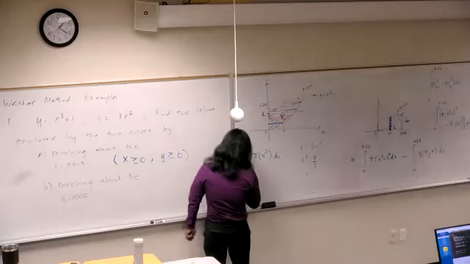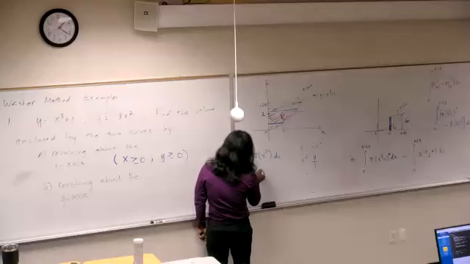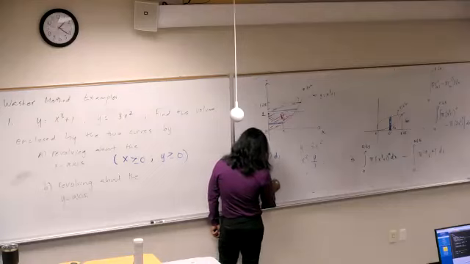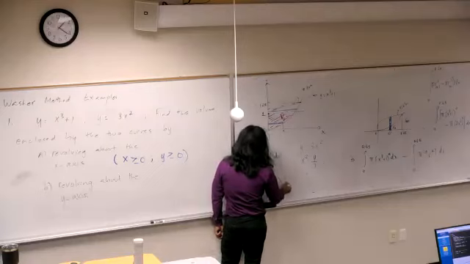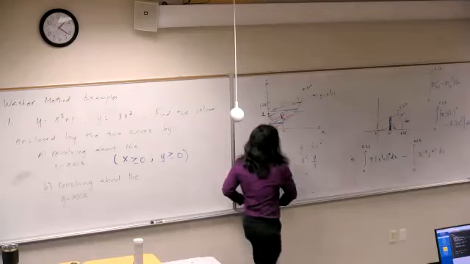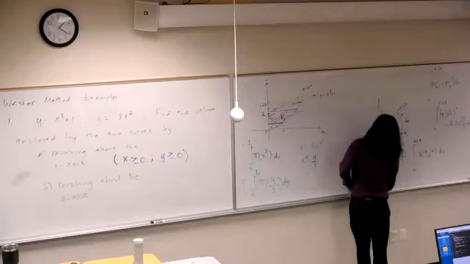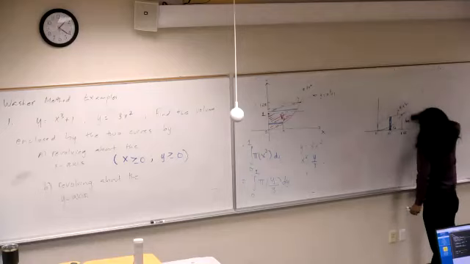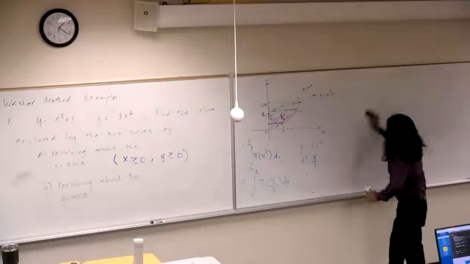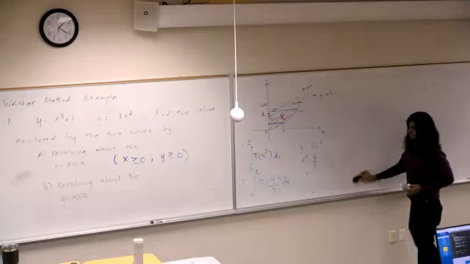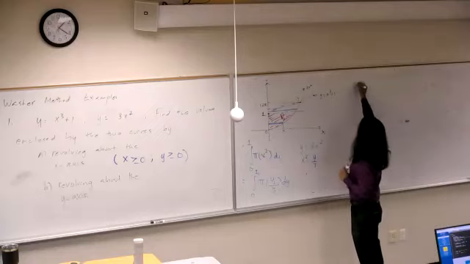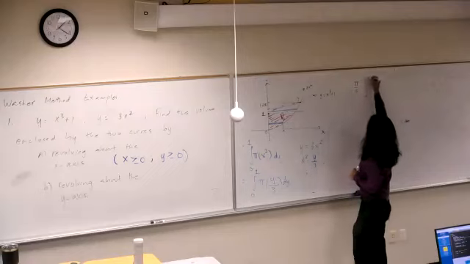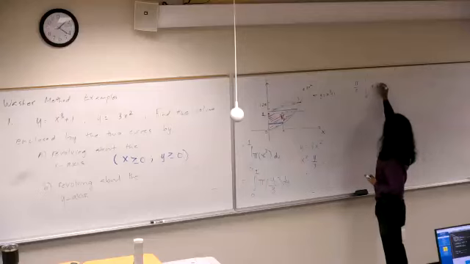Okay, so 0 to 1 pi times y over 3 dy. What are the constants in that integral? Pi and 3. Let's pull that out. Pi over 3 comes out, and integral 0 to 1 y dy.